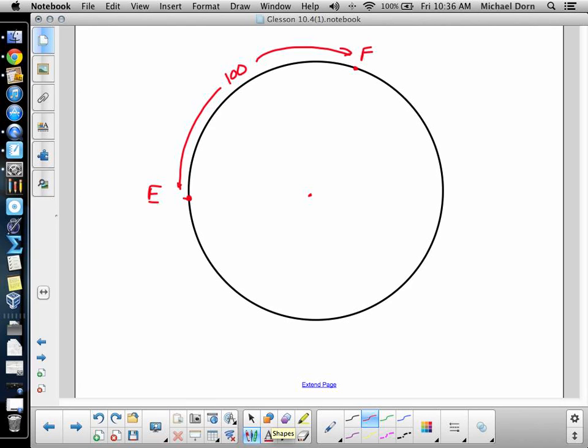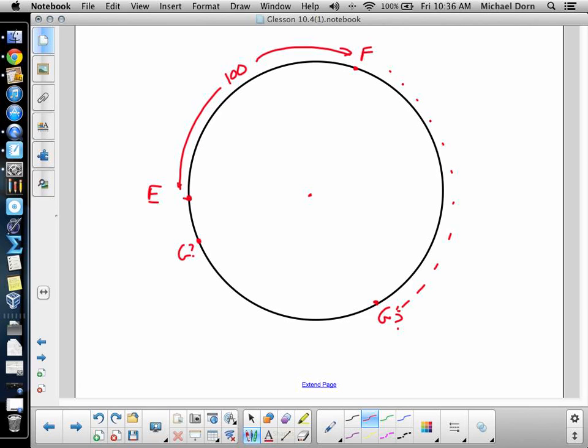It says FG is 120. Now, FG could be going around this way and be a 120 degree angle, okay? Or FG could be coming around this way and being a 120 degree angle. I'm not sure which way G went because we aren't told which way it's going. Either way, it's 120.